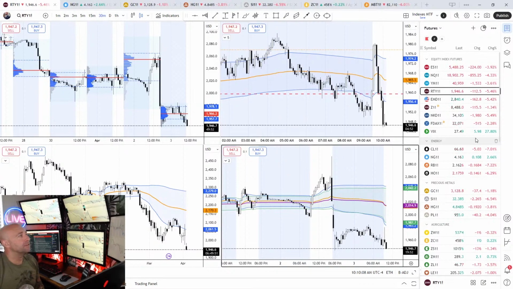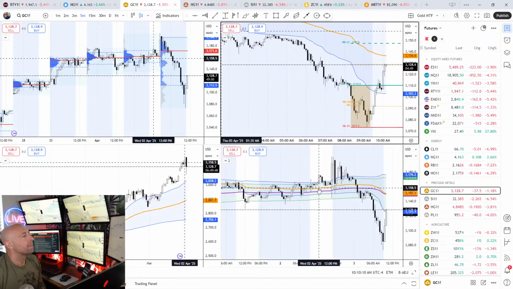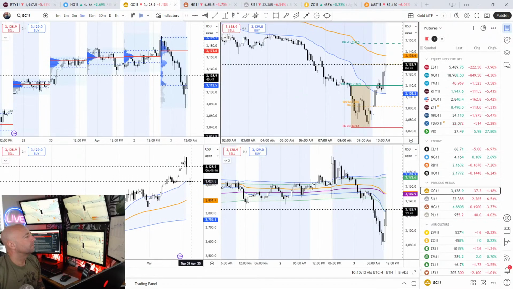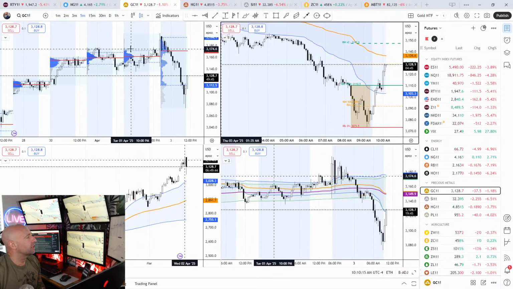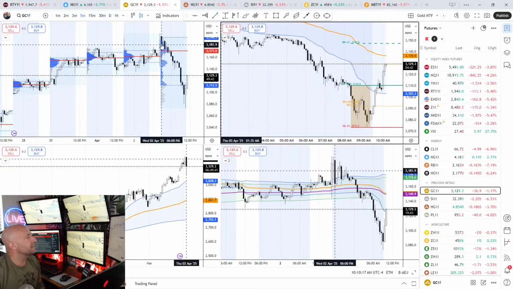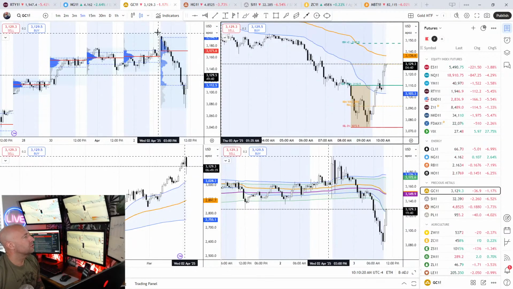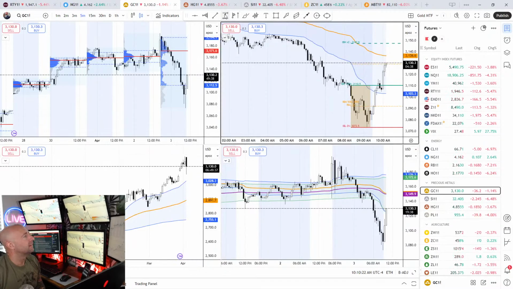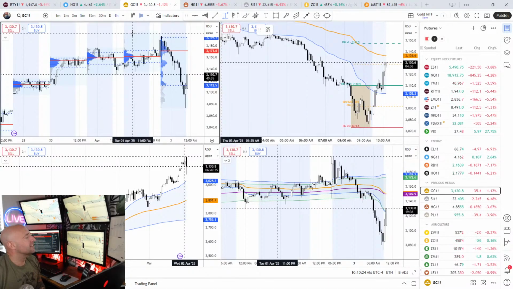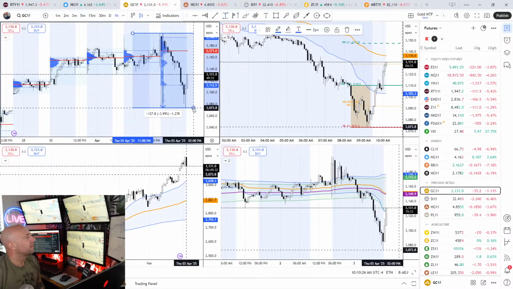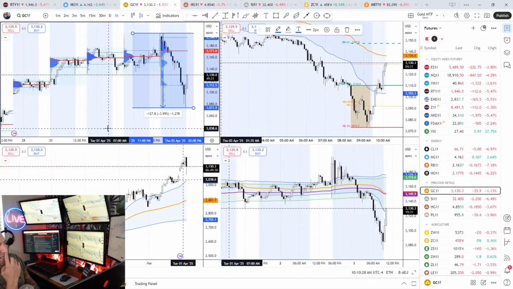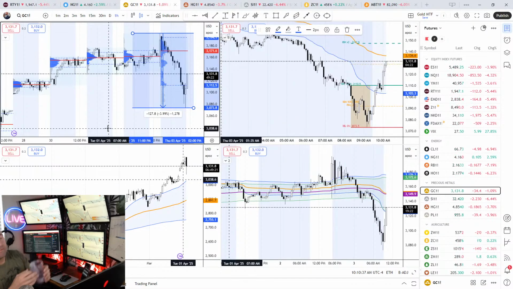Gold is making a little bit of a bounce here. Look at that rejection. Made all-time highs and then sold off by 6%. $127 sell-off, 4%, almost 1,300 ticks.